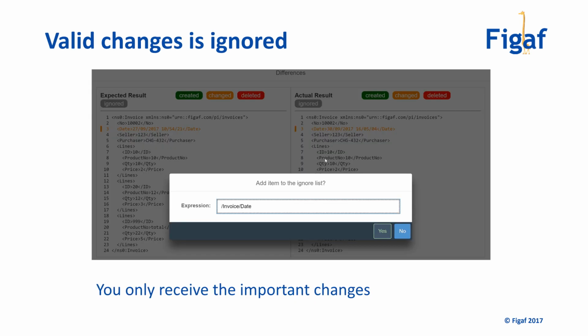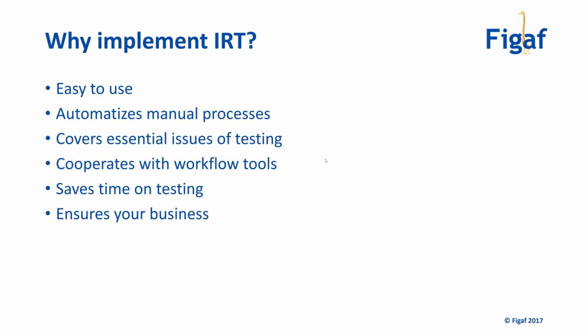So we can just simply add an ignore exception with an XPath. Just by clicking the line, we'll get this sample XPath. We can say yes. And then next time we run it, the message would be processed and it would ignore these fields. So we only get to see the fields that actually are different.